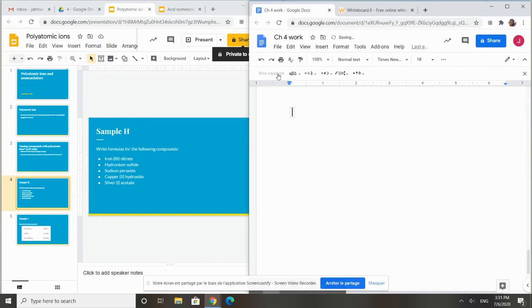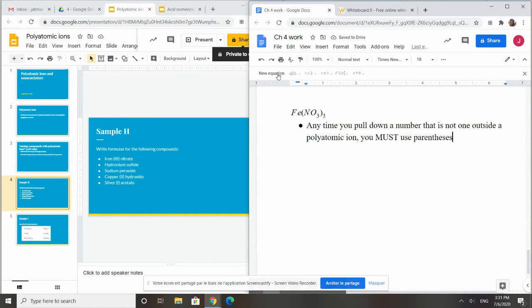I'll write that down. The reason you have to do that is because otherwise that 3 would only apply to the oxygen and not the nitrogen, and we want it to apply to both.